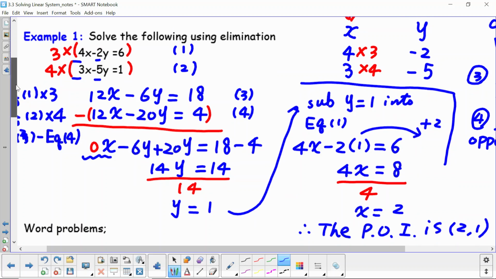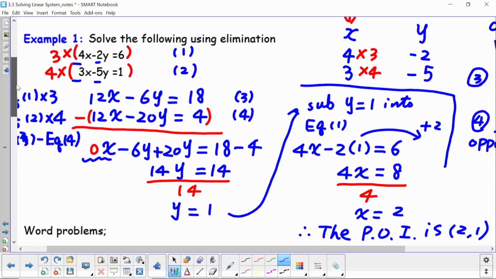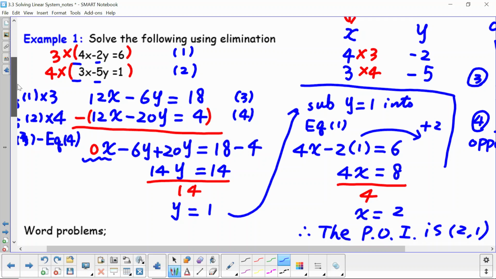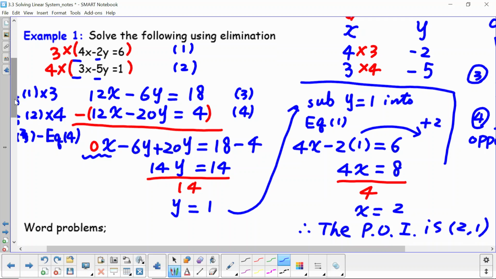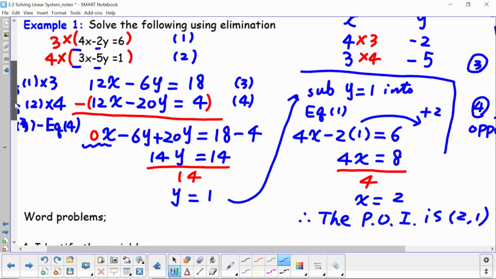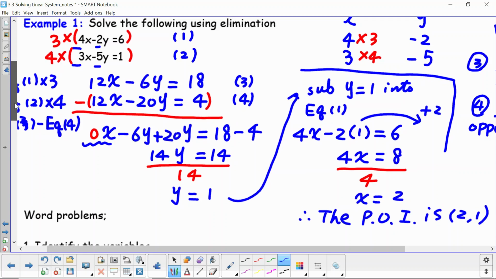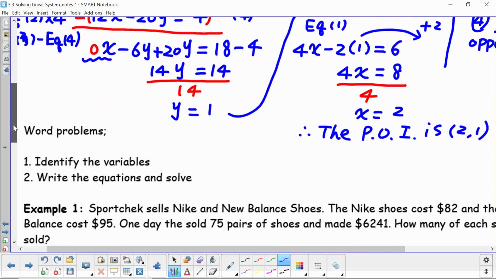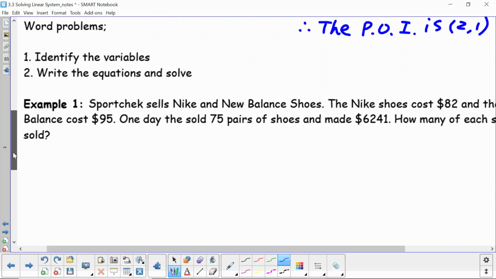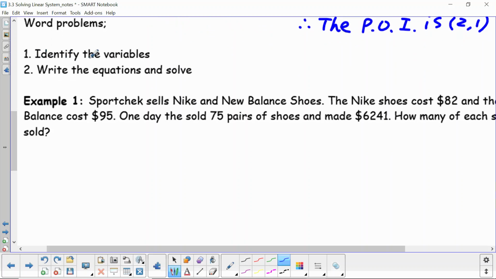Now you have learned the two methods for solving a linear system. Now we are going to apply them to see where we are going to use solving linear systems in the real world, okay? So this one is a word problem. For a word problem, this is a linear system.